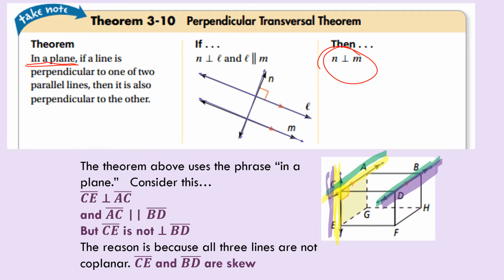Why? Because all three lines are not coplanar. CE and CA lie in one plane, and BD does not lie in the same plane with those. AC and BD do, but not CE and BD. So CE and BD would technically be skew.